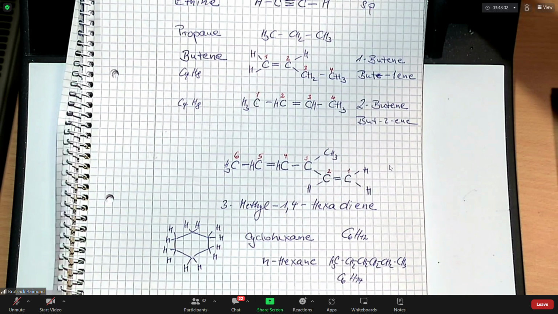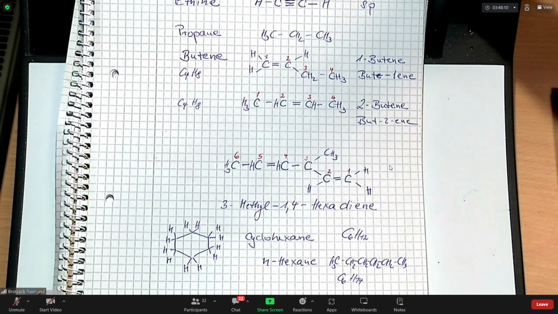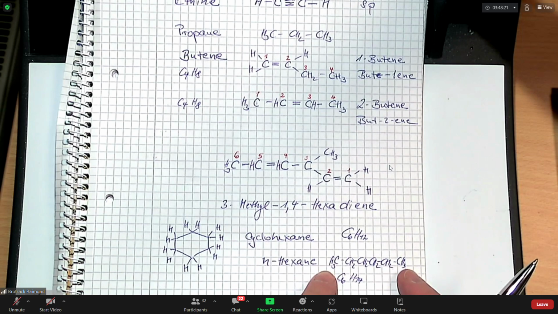Both are hexane, but one is linear and the other is cyclic. Due to the cycle, two carbons have a carbon as partner instead of an additional hydrogen. So two hydrogen atoms are missing in the cyclic form.